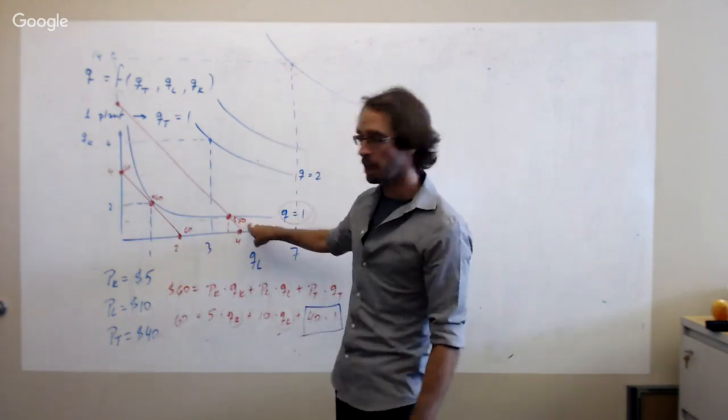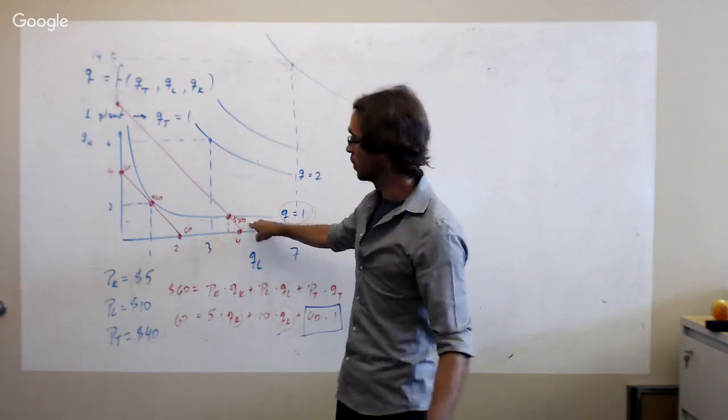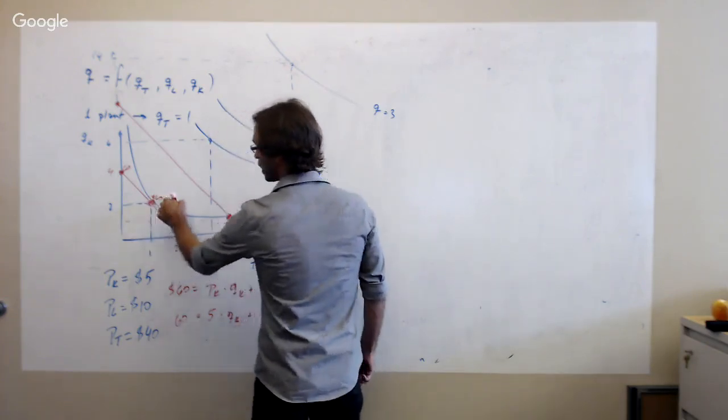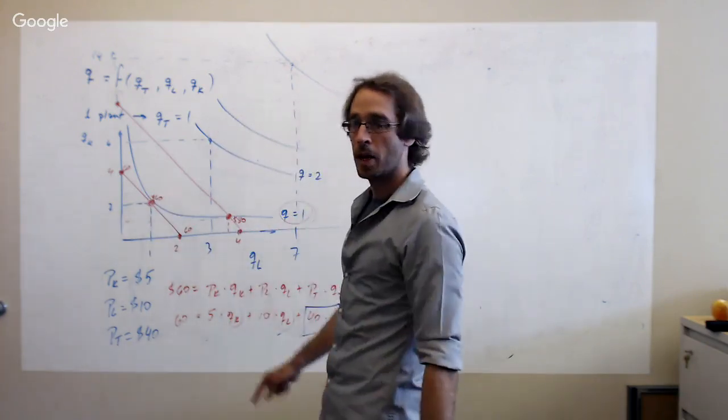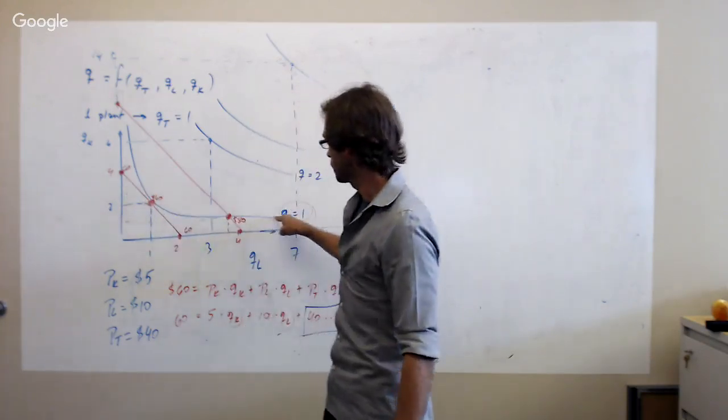But it costs $80. So why would you spend $80 on producing one washing machine when you can choose this combination that costs $60 and also produces one washing machine because it's on the same isoquant?